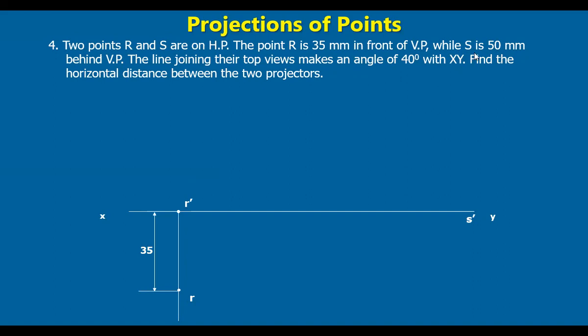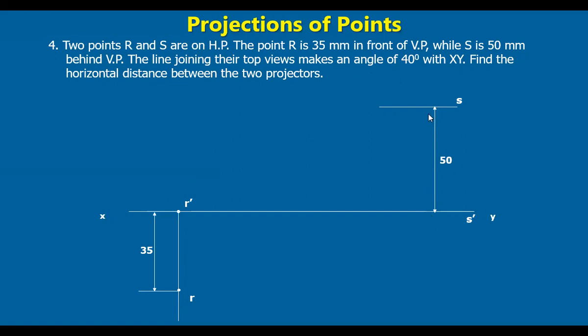Now, S is 50 mm behind VP, which means when you see it in the top view, it is lying above the reference line. So at a height of 50 mm, we draw a line parallel to the reference line.